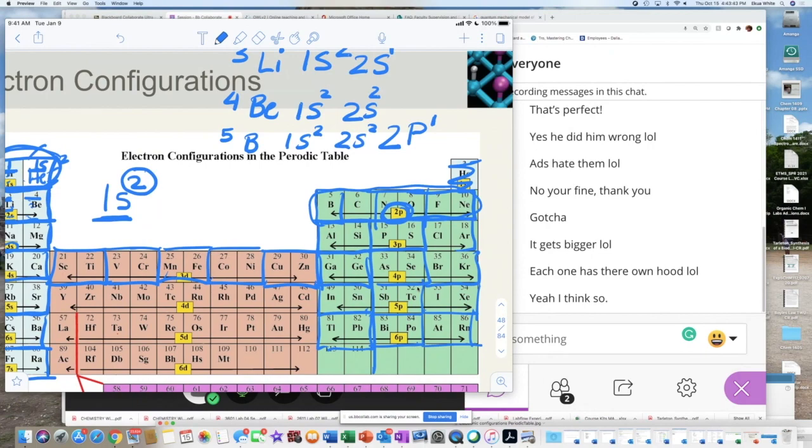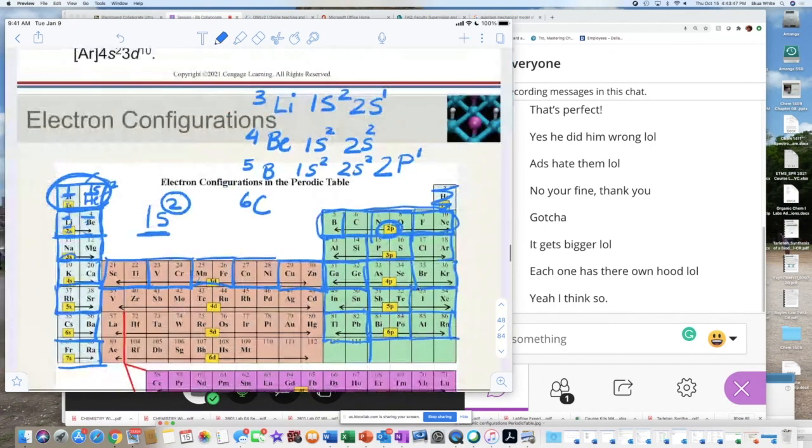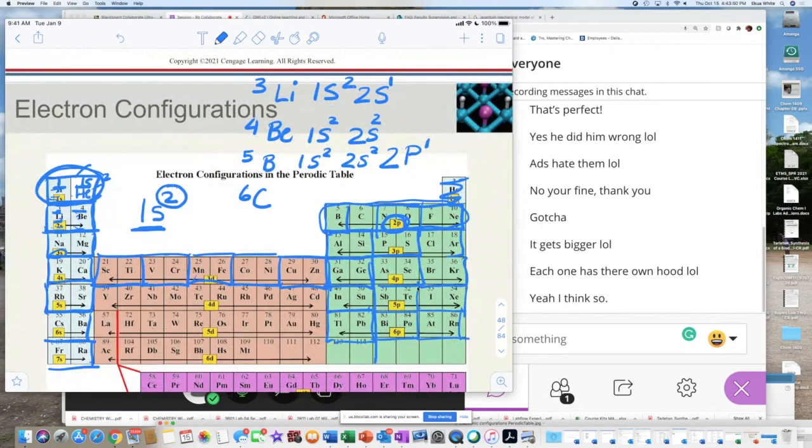Okay, so let's see if we can do it for carbon together. Carbon has 6 electrons total. With carbon, the first 2 electrons have to go here because all first 2 electrons have to go right here. So right here I have 1s2, and over here I have 2s2.